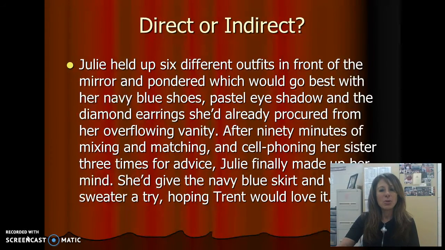She'd give the navy blue skirt and white sweater a try, hoping Trent would love it. Is that direct? Or do we know about Julie indirectly, based on her actions and what she's thinking and feeling? I will let you know that if you did guess that the first example was an example of direct characterization, it was. And this example is an example of indirect characterization.